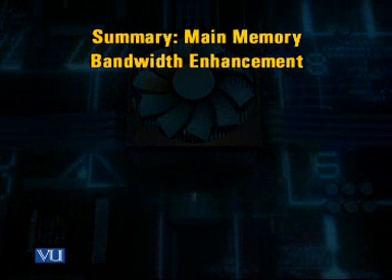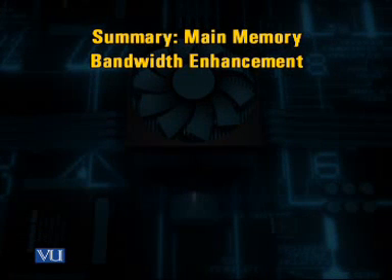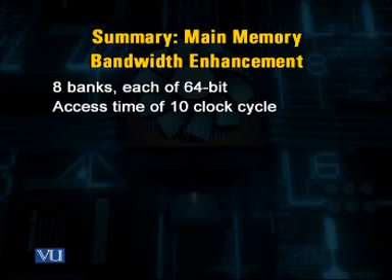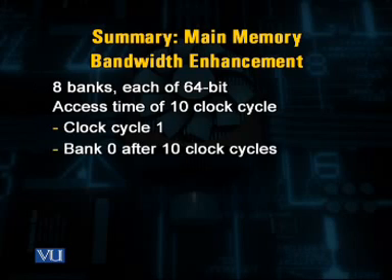For this, let us assume that we have a memory which has 8 banks, each of 64 bits, with an access time of 10 clock cycles. Here, note that starting from cycle 1, the CPU could get a word from bank 0 after every 10 clock cycles because the access time is 10 clock cycles.